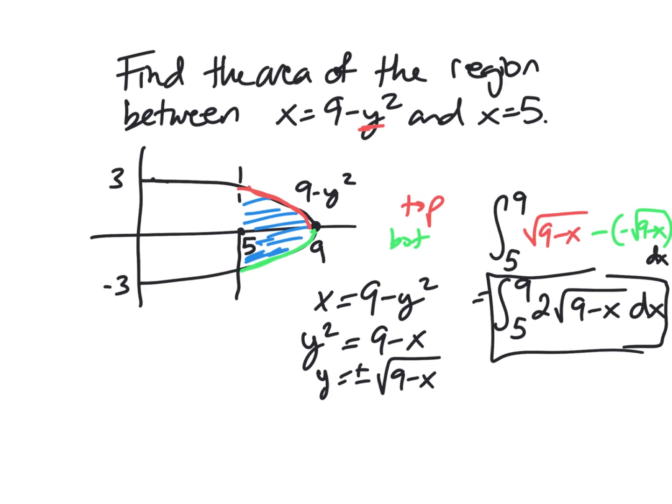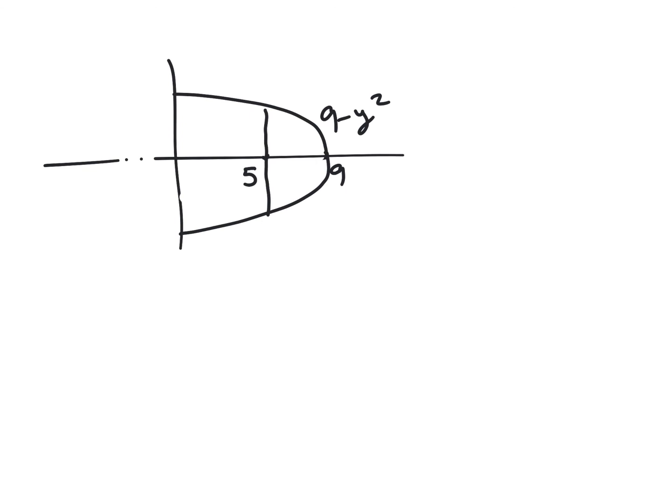So the other option is to change your perspective. Instead of always thinking of moving with regards to the variable x and then thinking top minus bottom, you can focus on the y-axis instead of the x-axis. And so here, your top, again in the red, would be looking from the perspective of the y-axis, so the top is the furthest right, and the furthest left thing is going to be your bottom in this case.